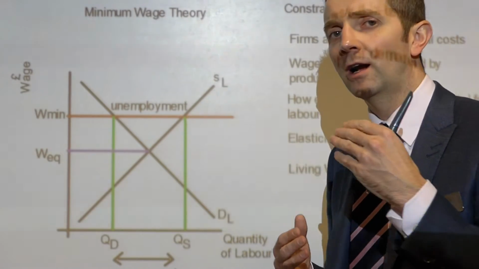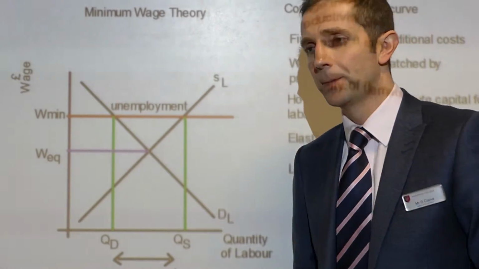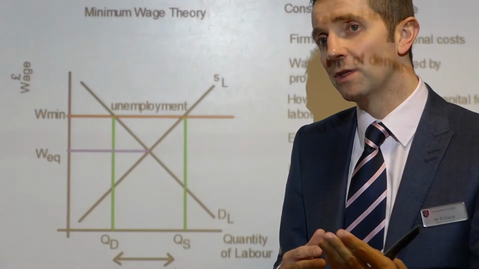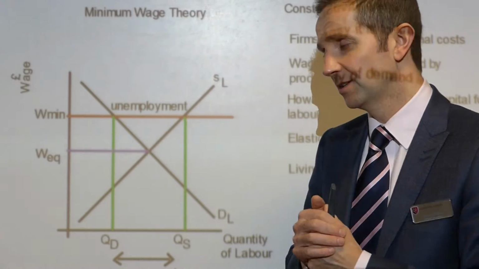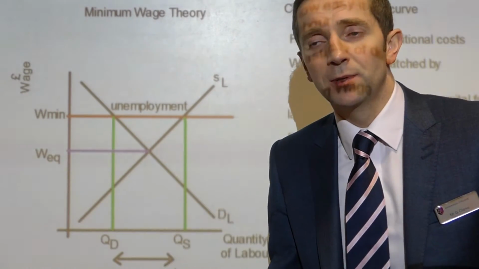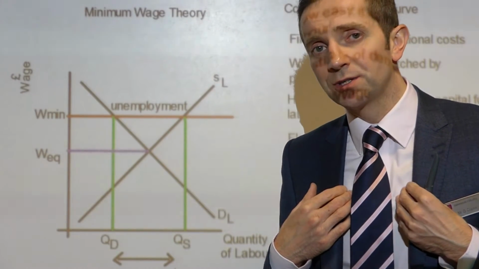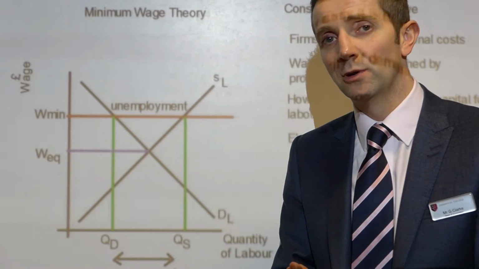We will either have to, number one, increase our prices and pass the costs on to the customer. But of course you can only do that dependent upon the price elasticity of demand for your product. Or we may not be able to bear the burden of this additional cost ourselves, so we might have to let people go and hence create unemployment.